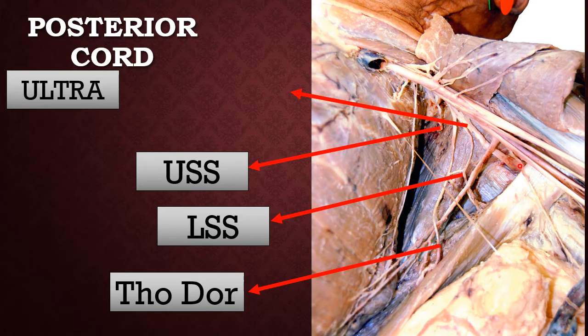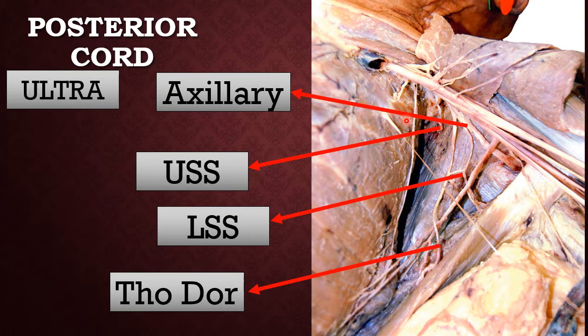It enters the quadrangular space, and then it encircles the surgical neck of the humerus. If you find a small part of a nerve entering the quadrangular space and disappearing, that is nothing but the axillary nerve. Here you can see the axillary nerve.